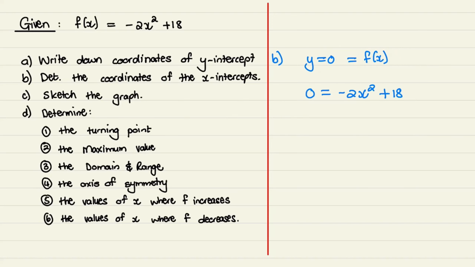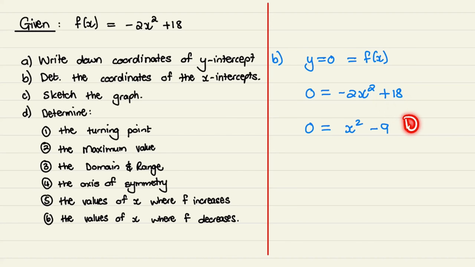Now I can divide everywhere by negative 2. If I divide 0 by negative 2, I will have 0 equals, and then negative 2x squared divided by negative 2, the negative 2's will cancel out. So I'll have x squared, and then lastly, plus 18 divided by negative 2 would become negative 9.